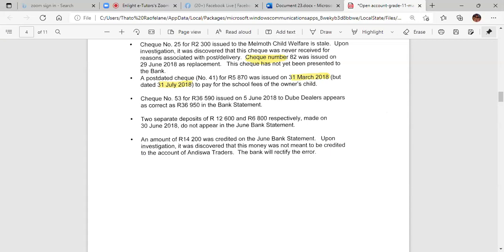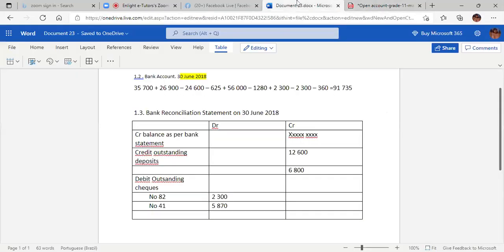So the bank gave us 14,200 by mistake. It was supposed to be in the bank account of another entity, so they have to correct that error. To correct the mistake, where it was credited, we are going to debit. We are going to debit the amount wrongly credited.